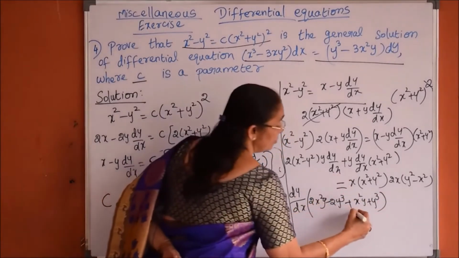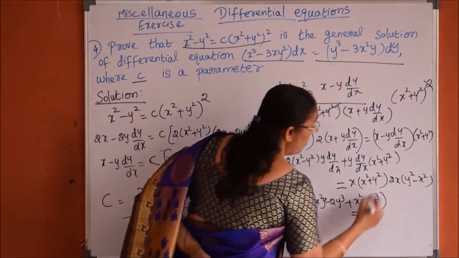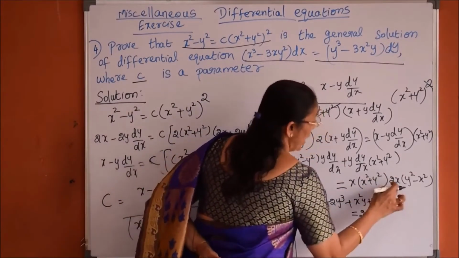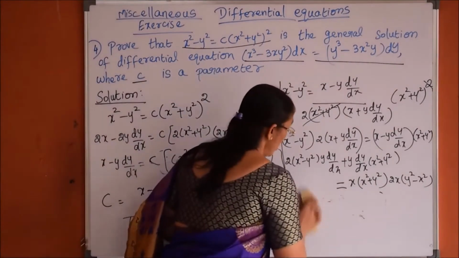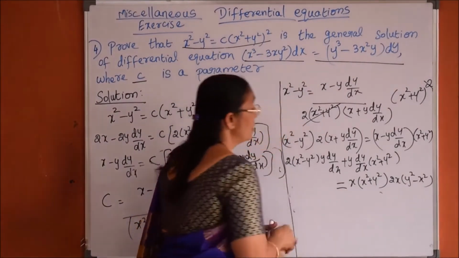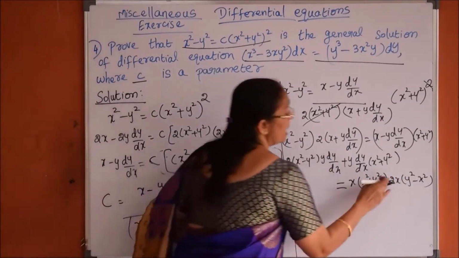For the right-hand side, 2x into x². So we will have 2x, okay. Here there is a small error. When we are bringing this term 2x of, let me bring this term as it is.